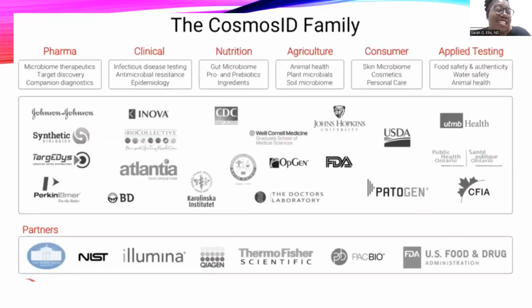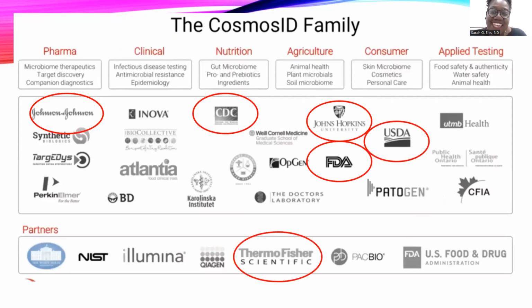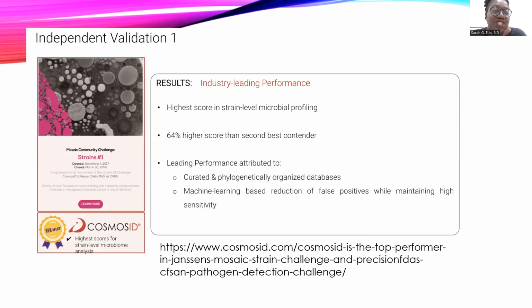And the Cosmos ID family is composed of so many amazing organizations, including Johnson & Johnson, the CDC, Johns Hopkins, the FDA, USDA, and so many more. They do independent validation of their studies and of the accuracy of their research.